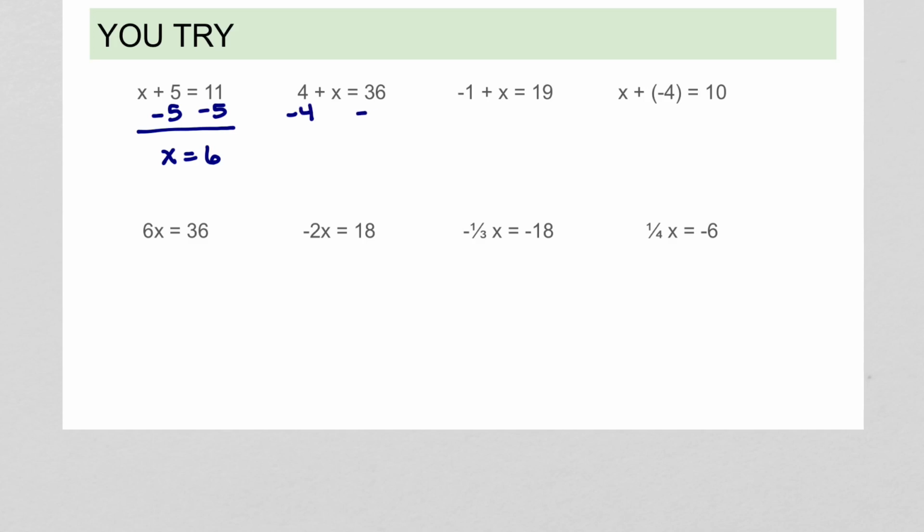It's negative 4. What is the additive inverse of negative 1? It's positive 1. Again, what is the additive inverse of negative 4?